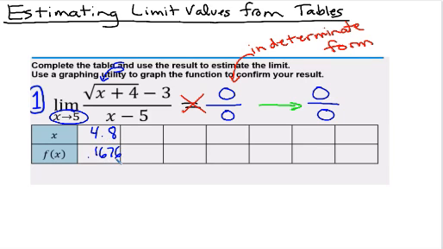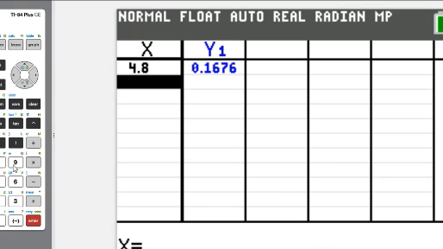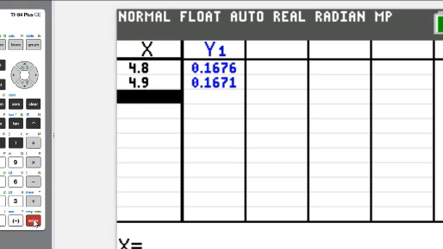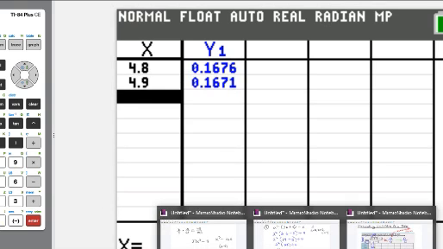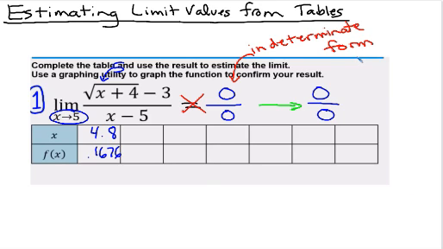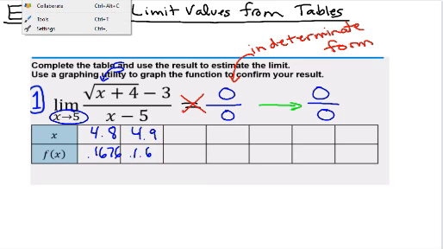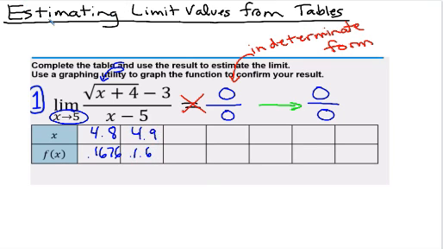How about 4.9? Let's try 4.9. 4.9 gave us a value of 0.1671.